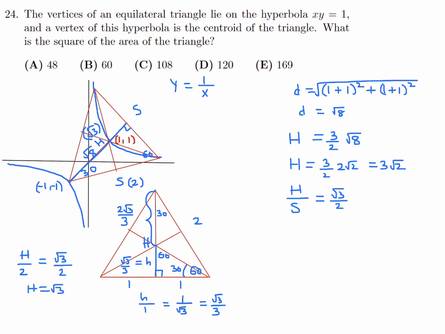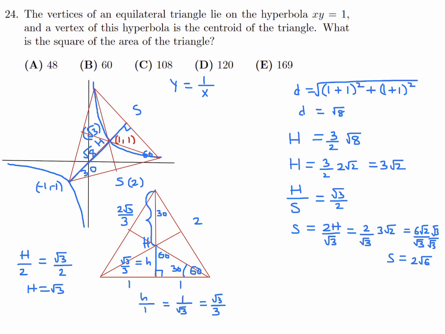So that means s would be equivalent to 2h over root 3, and since that h is 3 root 2, this basically becomes 6 root 2 over root 3. And we rationalize the denominator top and bottom by root 3, and therefore we get 2 root 6 for s.